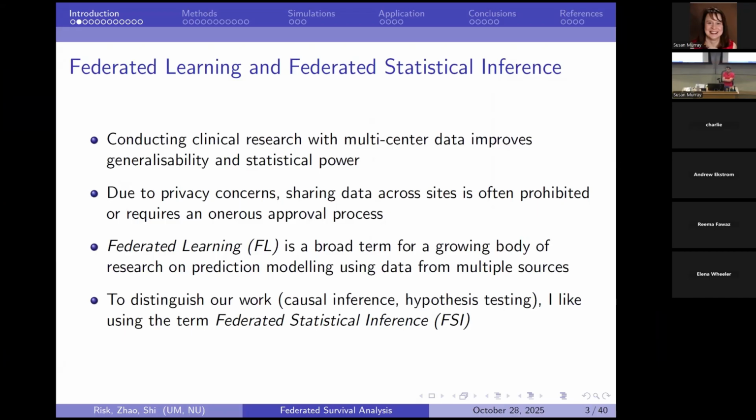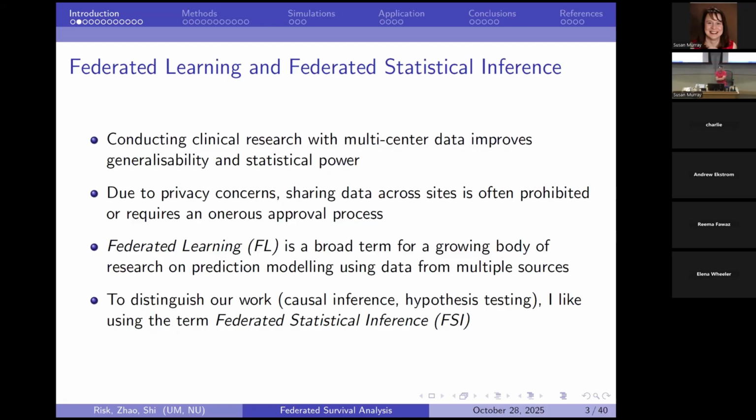However, in a lot of observational study cases, the data we're working with is electronic health record data, which, unlike clinical trials, we don't generally have a very broad consent process such that we can use people's data and share it freely. Which means that, due to privacy concerns, sharing data across sites is often prohibited, or it's going to require a very onerous and lengthy approval process in terms of REBs and things like that. That's really going to slow down research, which is not something that we want.